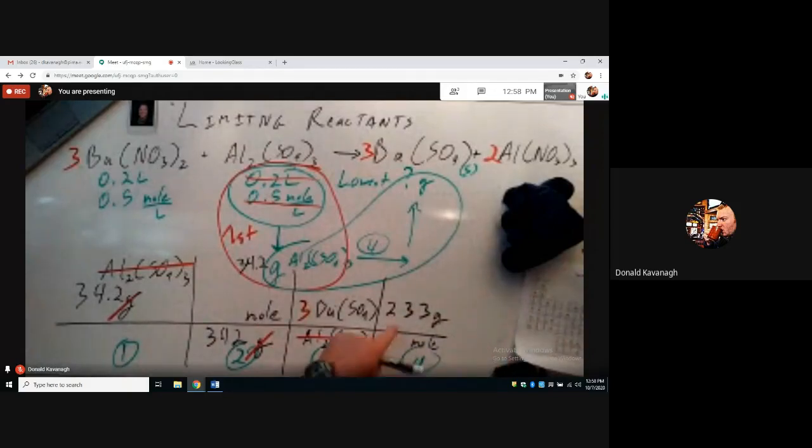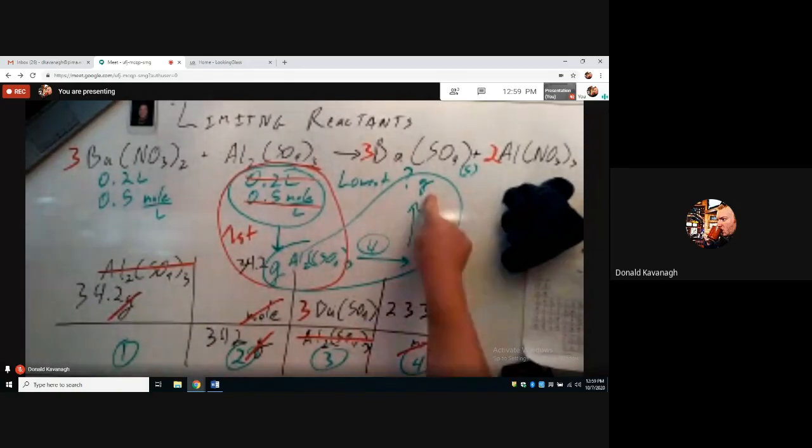Again, I place this, I either flip it or don't flip it to make a unit cancel. Because my scaffold has the units grams barium sulfate, I am confident that I'm going to get the grams of sandwiches that could be produced from the meat.